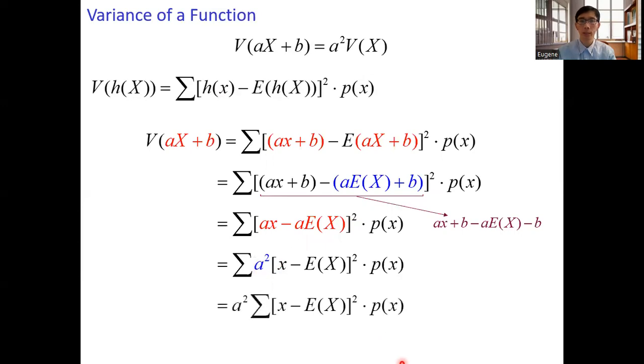We further factor out the a squared, and then we get the summation of the square of x minus the expected value of x times p of x. So the expression equals V of x. So here we have the variance of ax plus b equals a squared times the variance of x. And this is the variance formula of a linear function.